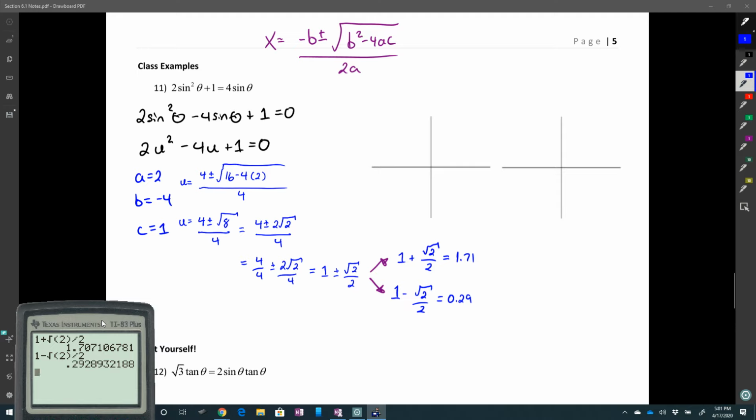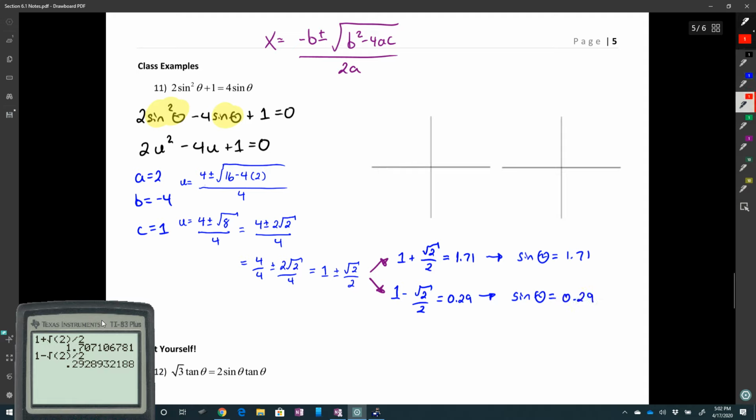Now remember what our answer was equal to, though. What we were doing is my u was actually equal to sine of theta. So that means that these answers really mean we have sine theta equal 1.71 and sine theta equal 0.29.